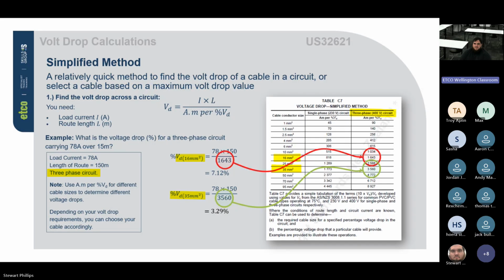What could be the consequences of having too much volt drop, not just on the network side, but once we get inside an installation? Yeah, undercurrent, power factor.